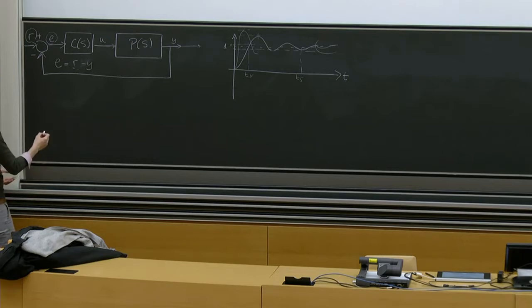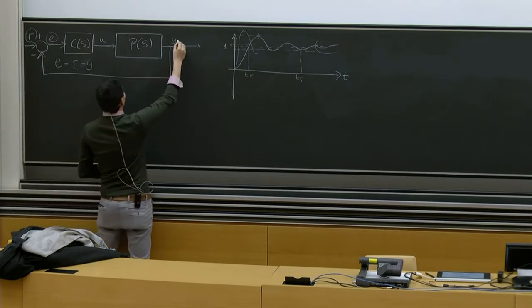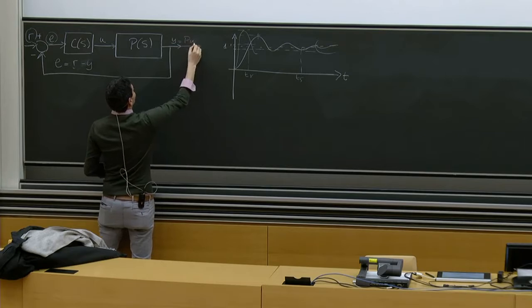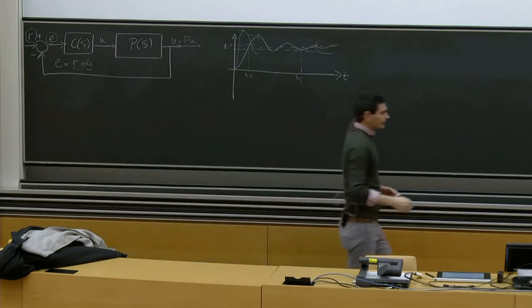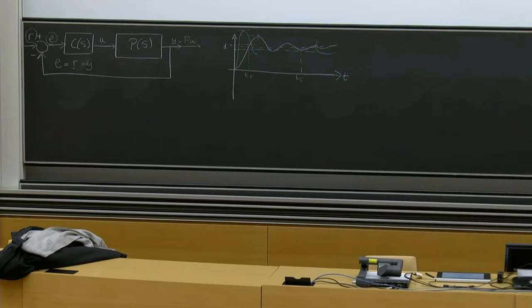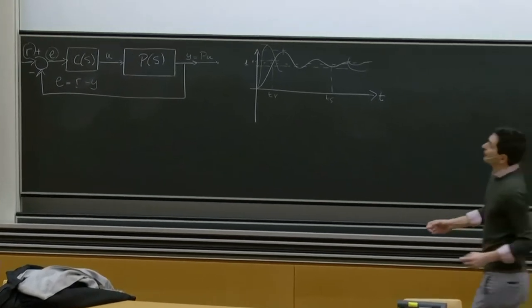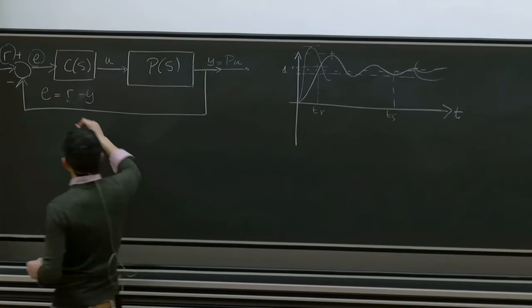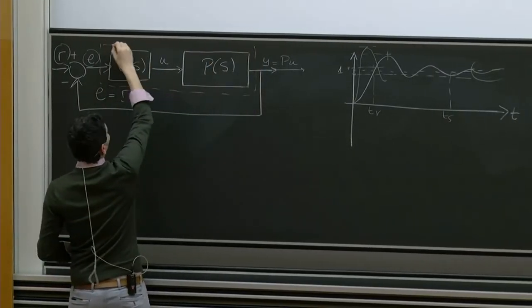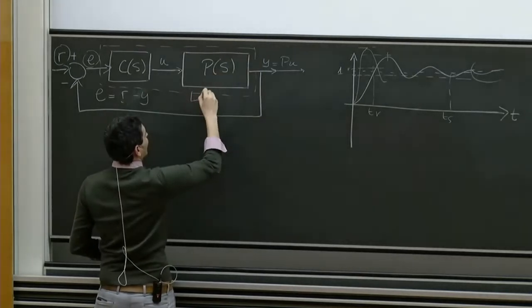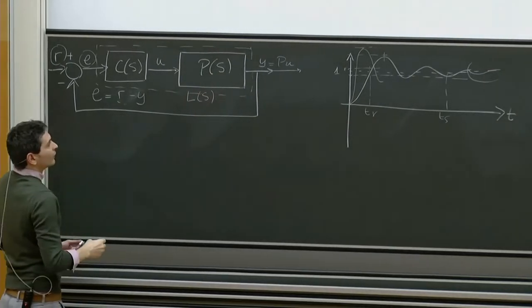So we saw that if we wrote the transfer function between these two signals, for example, we can just notice here that y is equal to P u, right? So let's call the open loop branch transfer function, so all this part here, L of S, okay?